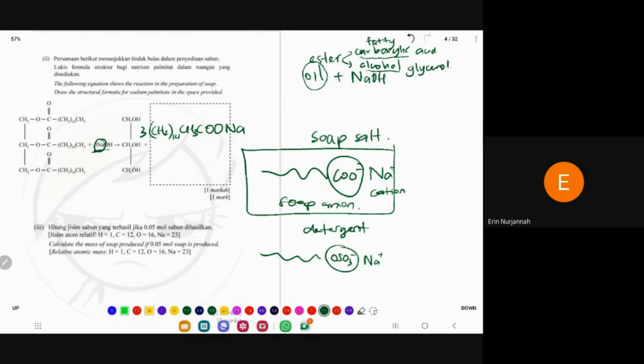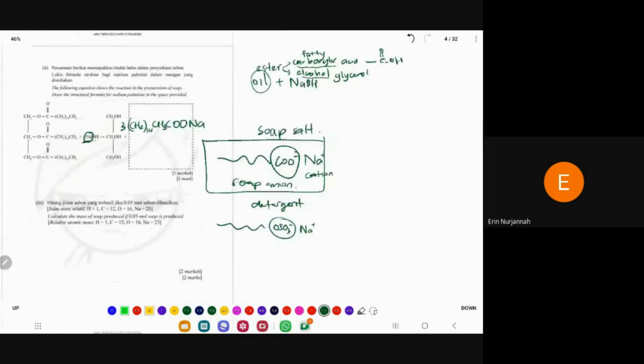Carboxylic acid, the functional group is COOH. Alcohol, the functional group is ROH. Ester, the functional group is COO. Eh? COO here. This is C. They draw the other side.